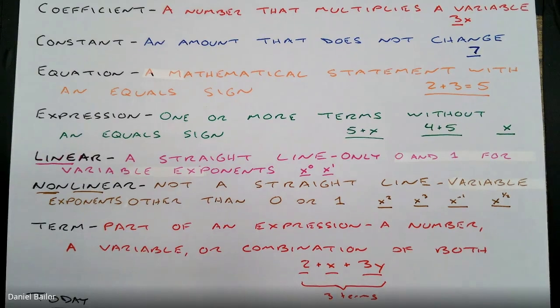A number can be a term, a variable can be a term, or a combination of number and variable can be a term. So that is the mathematical definition of term.